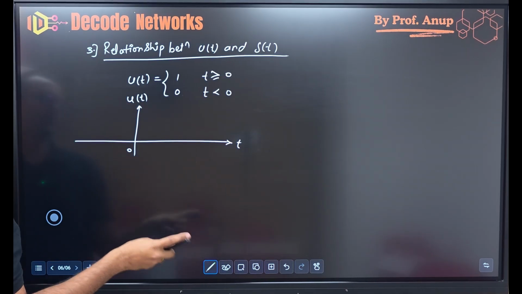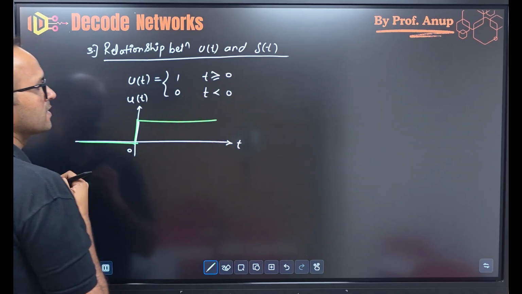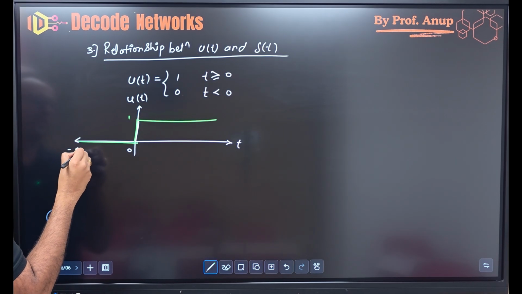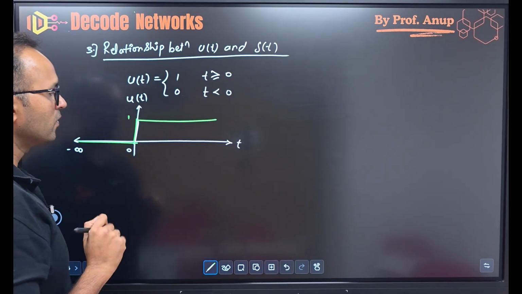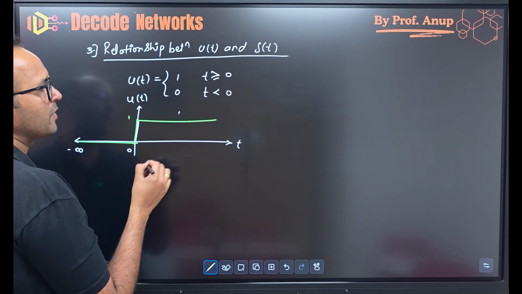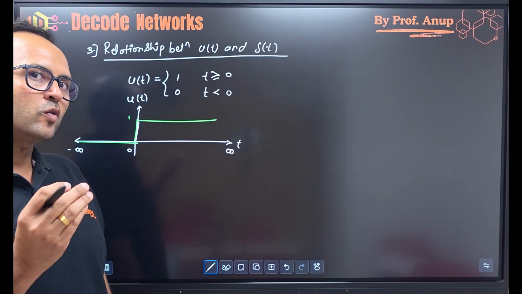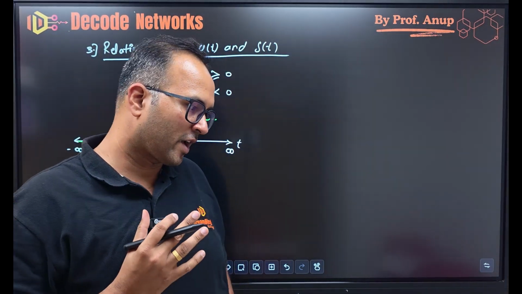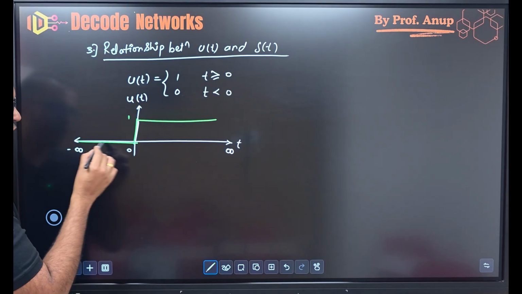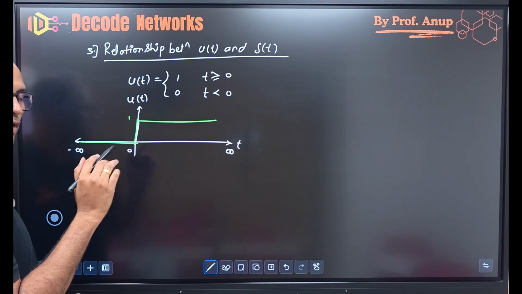Right, at 0. This is your signal having an amplitude of 1, right? Starting from minus infinity to 0, the signal is 0. At 0 it goes to an amplitude of 1, and then it maintains the amplitude of 1 till infinity. Okay, try to understand what I'm trying to say. From minus infinity to 0, do you have any change? Is anything changing? No, it is continuously at 0 amplitude.